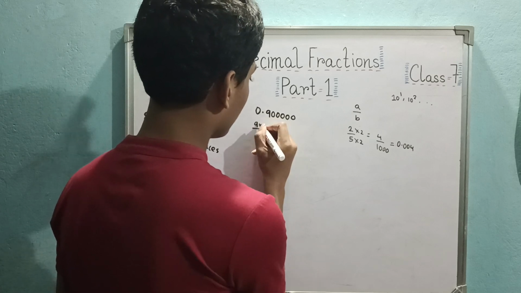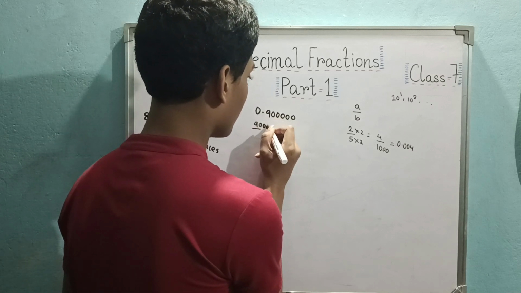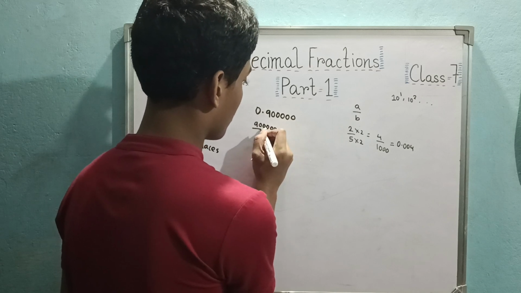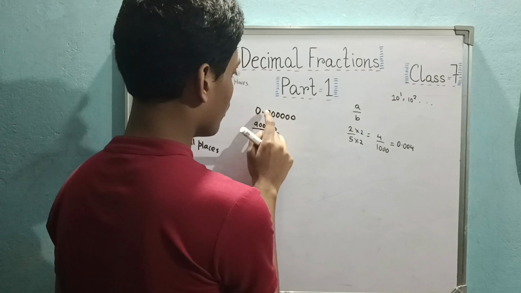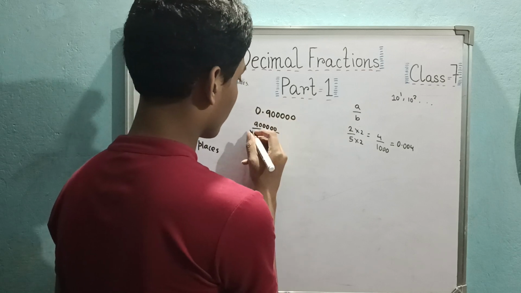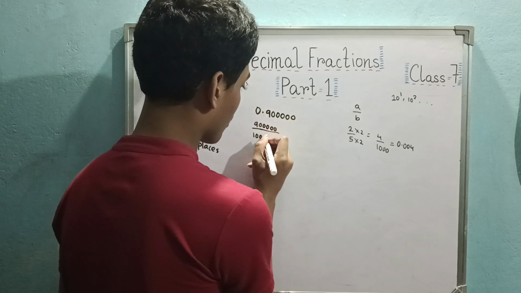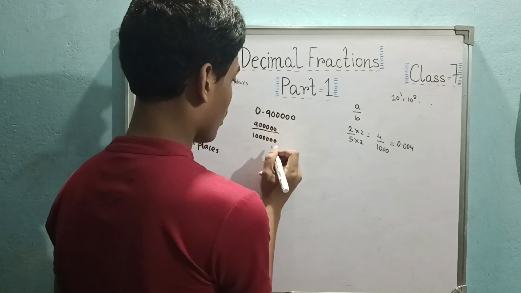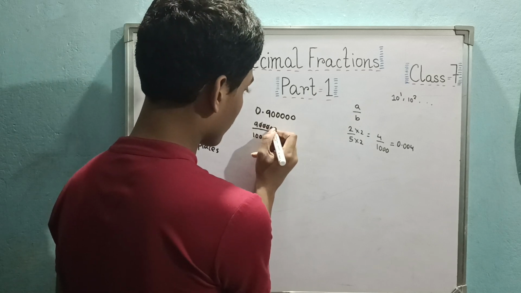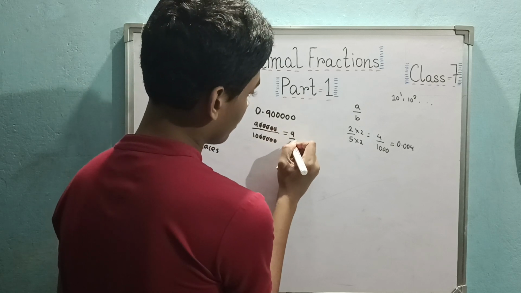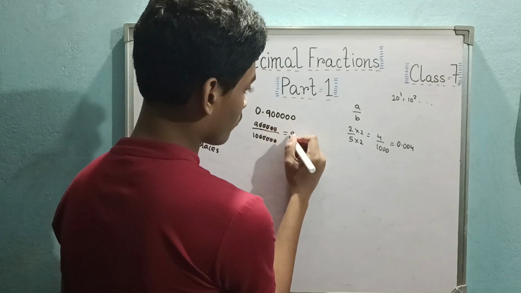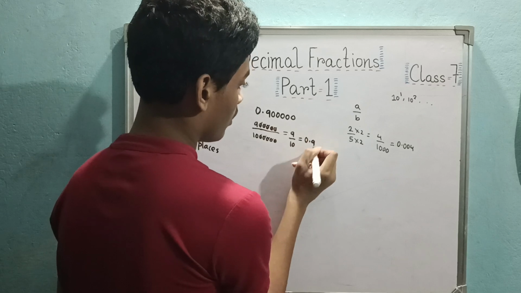It's like 9 lakh divided by, how many places are there after the decimal point? 1, 2, 3, 4, 5, 6. That means 6 zeros. Now if you cancel them, 1, 2, 3, 4, 5, it becomes 9 by 10. And that means after 9, 1 decimal place, equal to 0.9.